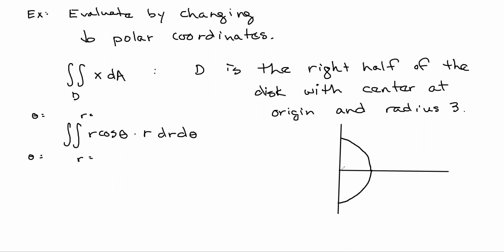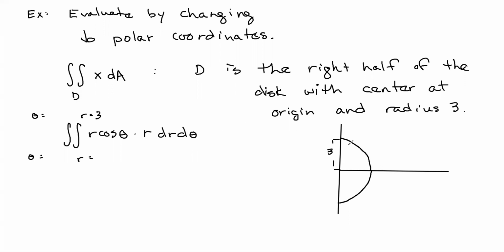If you look at this object, the outer radius is easy to figure out. It's going to be where the object stops. So what's this outer distance? Well, you're told it's 3. What is the inner distance?